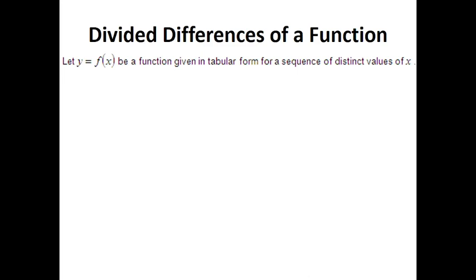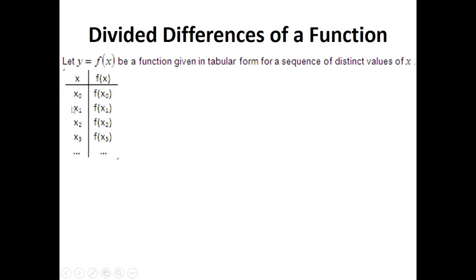So this is our first topic on chapter 3, divided differences of a function. In this case, we let y equals f of x be a function given in tabular form for a sequence of distinct values of x.